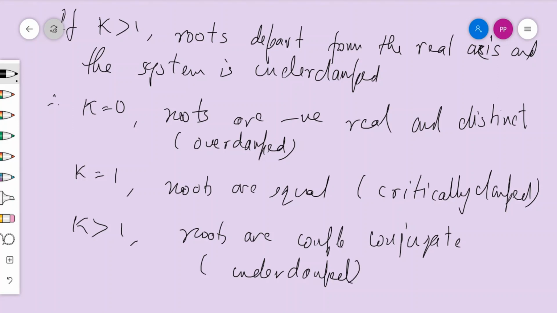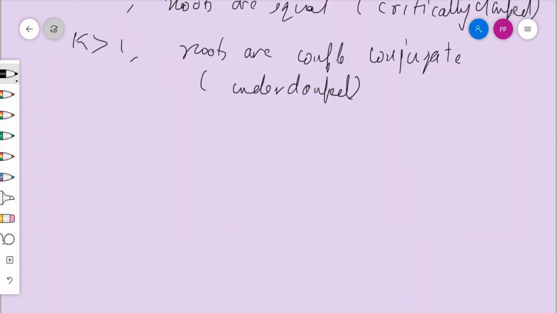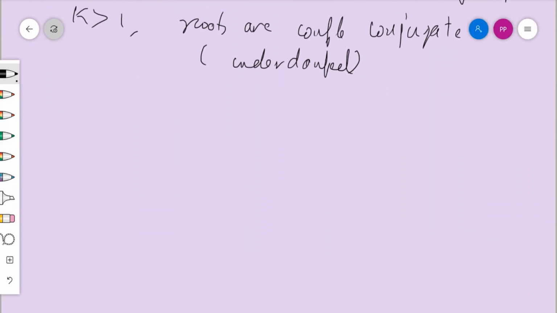So let us go a little further to draw it on the s-plane. We'll see how the roots are traced. We see that when the value of k is 1, the real part is fixed, and then the imaginary part increases with increase of k.